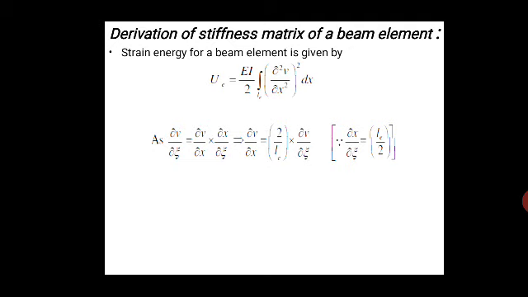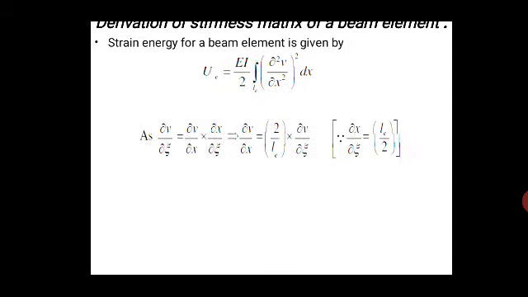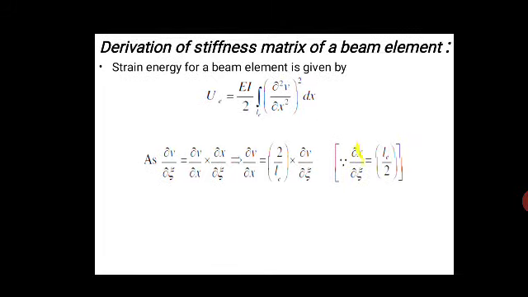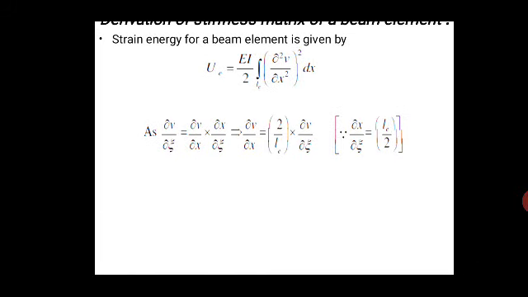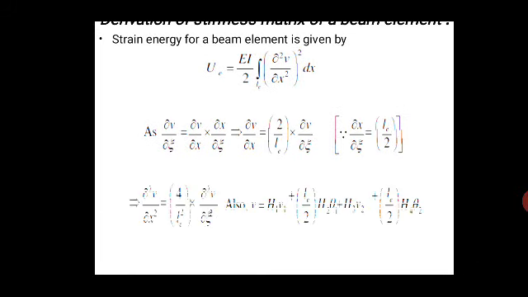As we know, ∂v/∂ζ can also be written as ∂v/∂x into ∂x/∂ζ, or we can write it as ∂v/∂x is equal to 2 by Le into ∂v/∂ζ, because we know that ∂x/∂ζ is nothing but Le by 2.